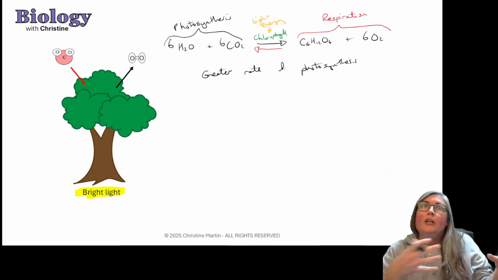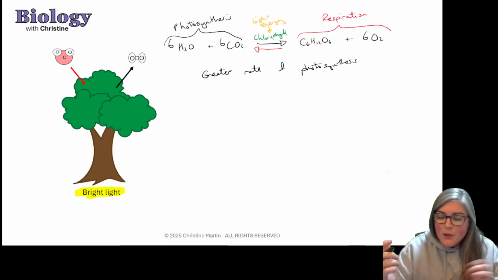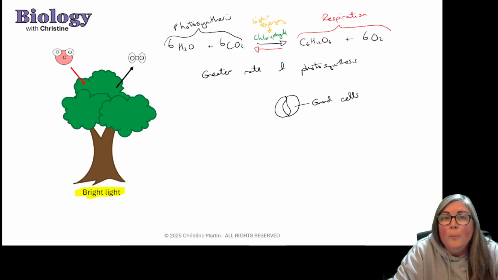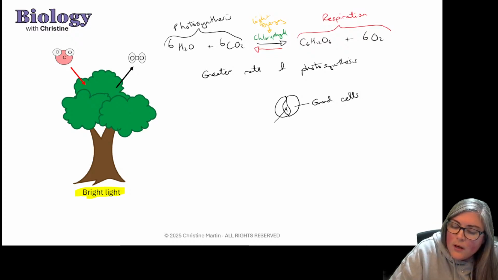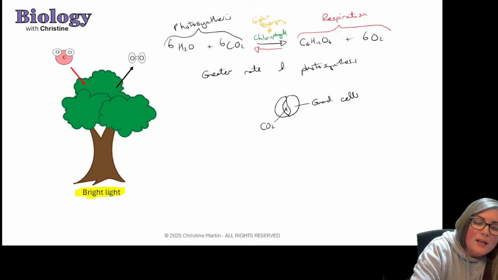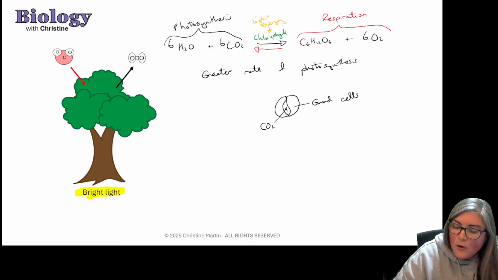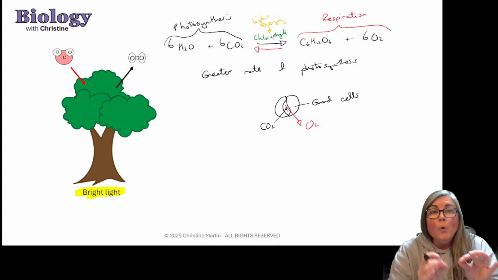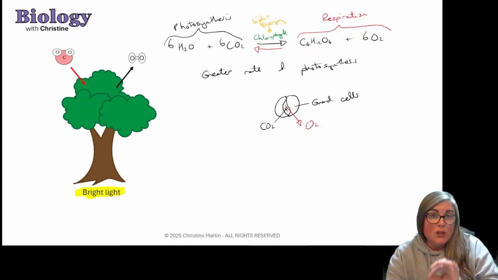So if you are looking at your leaf structure, you should remember that you have got your stomata, which are surrounded by your guard cells. And when they are open, they will allow the carbon dioxide to come in, and they will allow the oxygen to diffuse out. They will allow for that gas exchange. And that gas exchange can occur only if there is a concentration gradient.